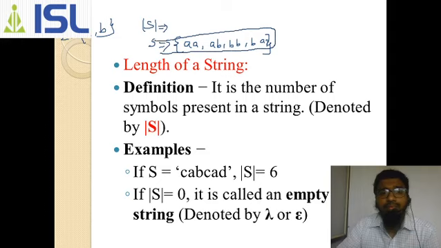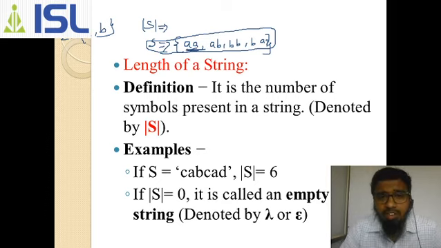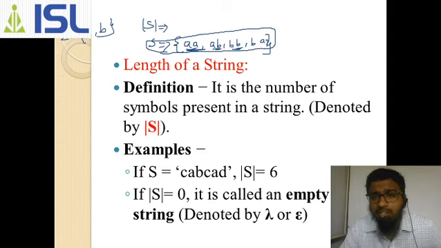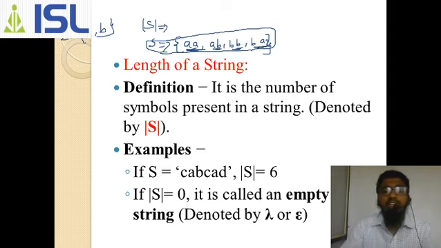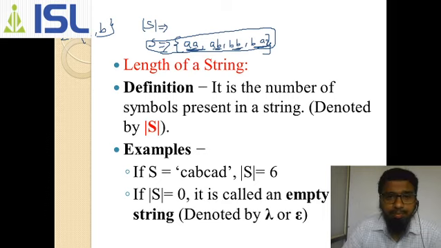Clear? You can take any one of these strings. What is the size of the string? 2. What is the size of this string? 2. Each is 2. You can increase it; this is like a 2-symbol set, taking the 2 symbols and making the combinations.